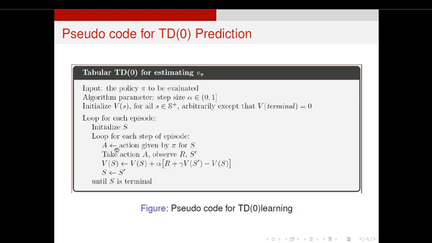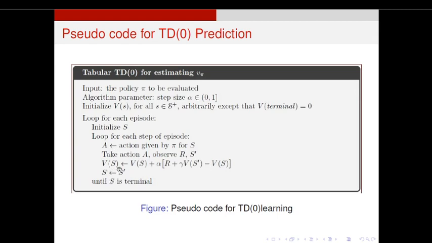Then we fix an action that leads from state st to the next state. For simplicity, I use the starting fixed state as s. So I take an action from s to the next state s dash. This action should be governed by this policy pi. Then take this action, observe r and s dash. That means observe the return for this action and the state to which that action leads.